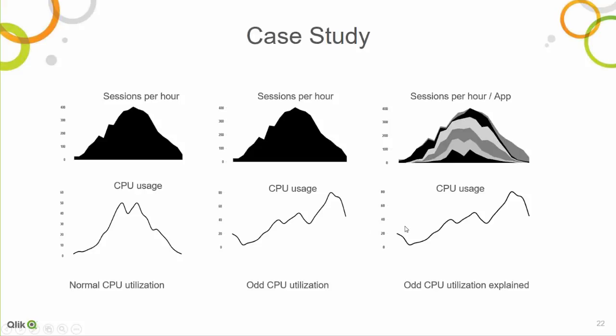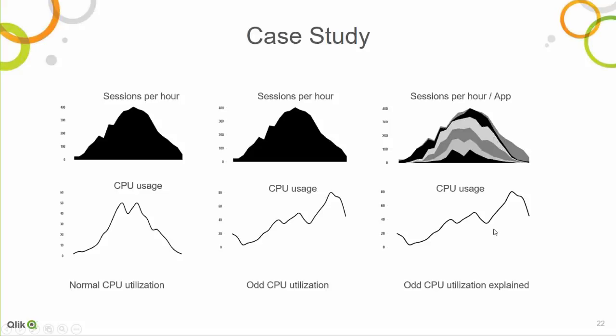The third picture shows the number of user sessions per app in the same system. Here you can see different color stripes indicating the number of users per app. We see here that when the number of user sessions is dropping for the other apps, the number of user sessions of this app is increasing.